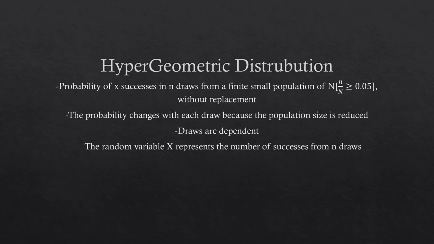And also, this is the only distribution in this video that is without replacement, which means that all the variables are dependent on each other. This is because the probability changes with each draw, and the population size is reduced. And our random variable x will represent the number of successes from n draws.